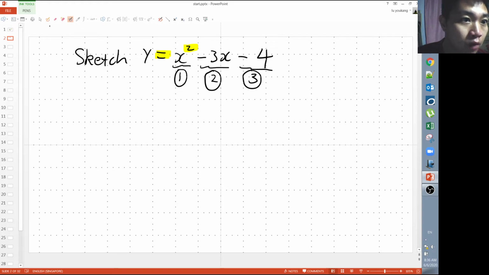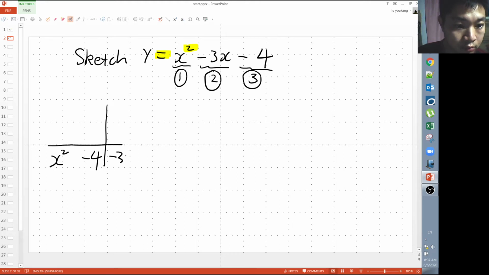Alright, now let me write down my first term here, and over here you're supposed to write down your third term. Okay, and for this side we are going to write down 3x.